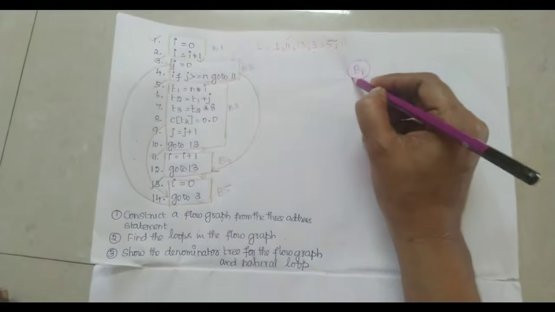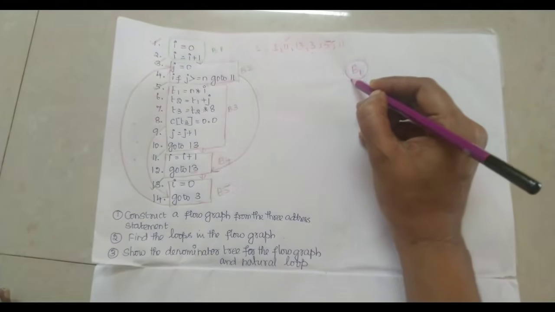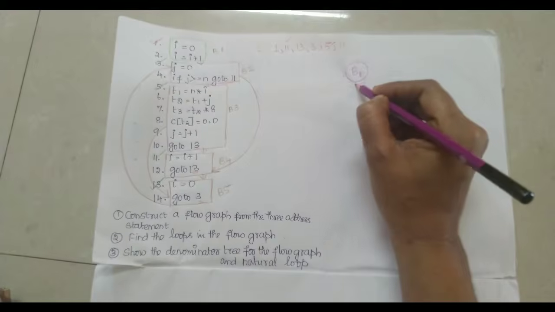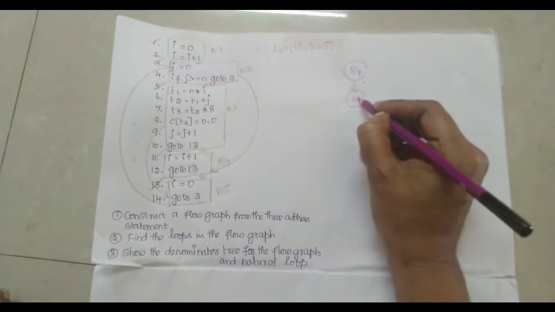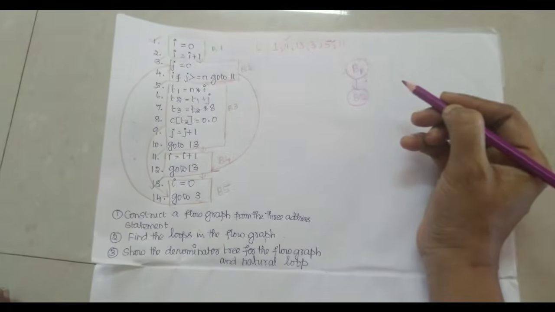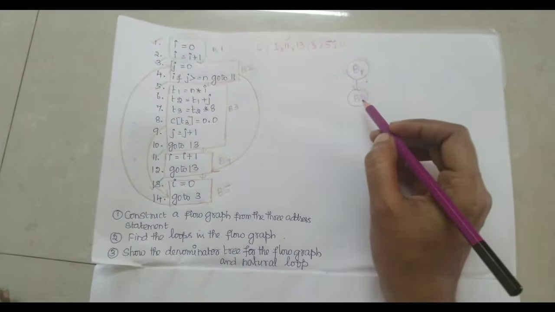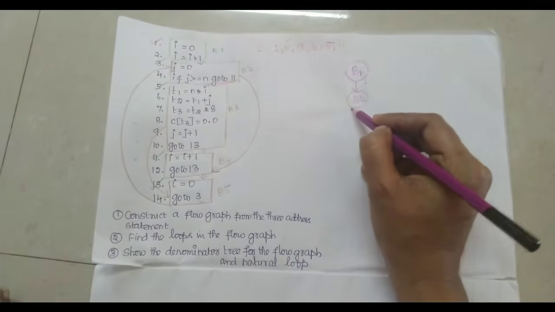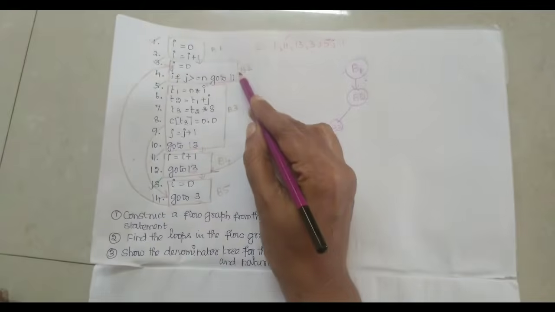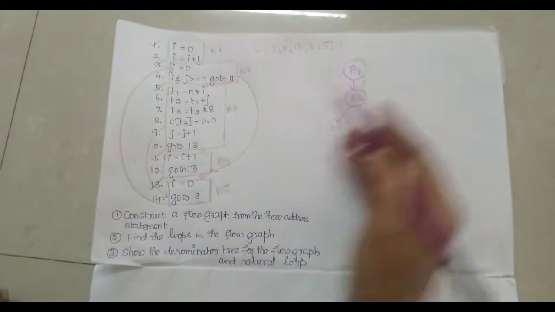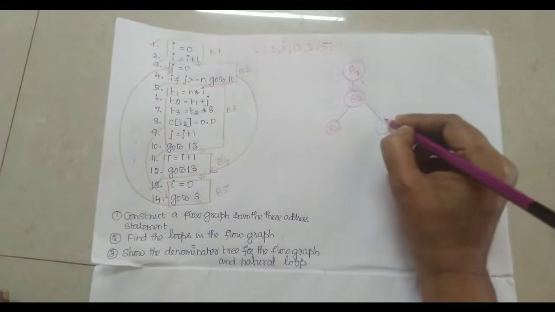From B1 you have a flow to B2, and from B2 you have a flow to B3, as well as a flow from B2 to B4.